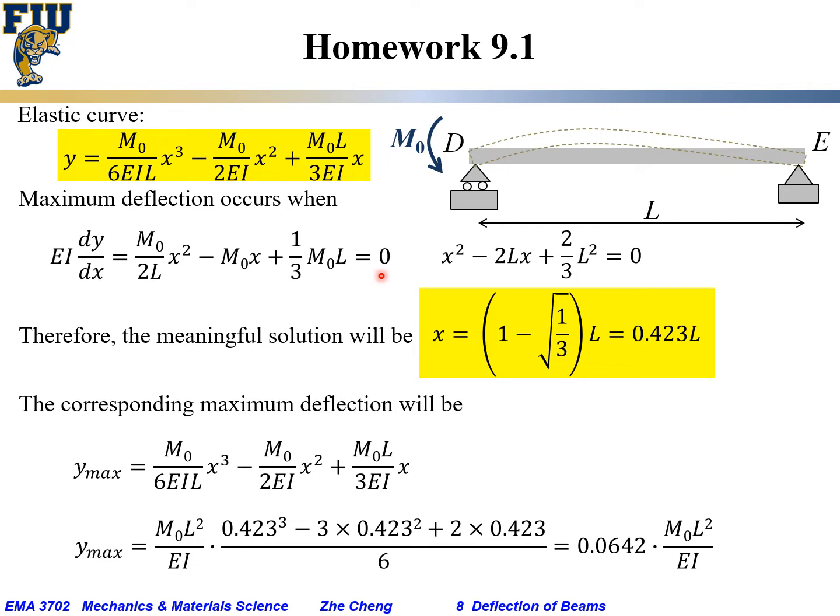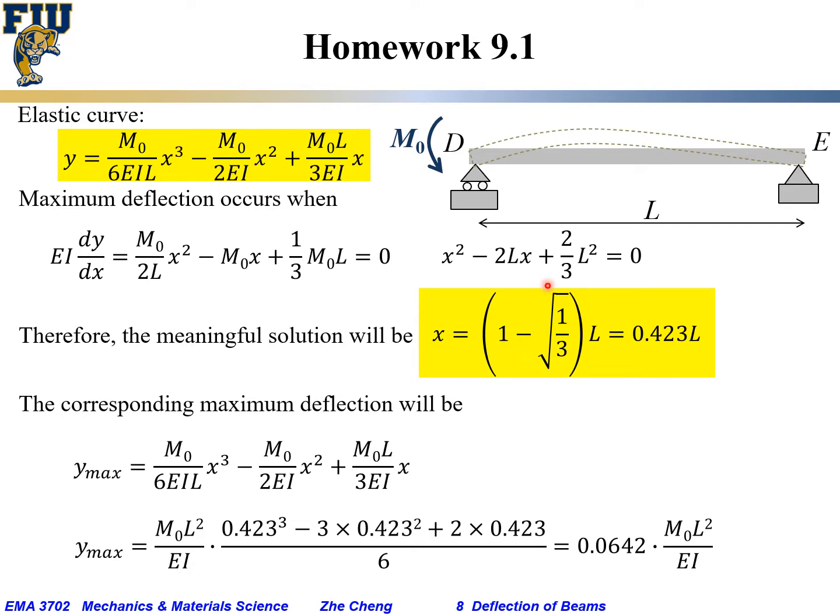Okay, and this equation, we cancel m0, and we times 2L, we would have x squared minus 2Lx plus 2 over 3 L squared. Okay, we have a simple quadratic equation, and of course one solution would be positive, one would be negative.